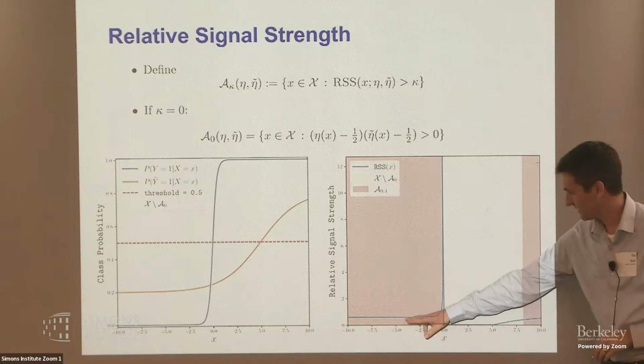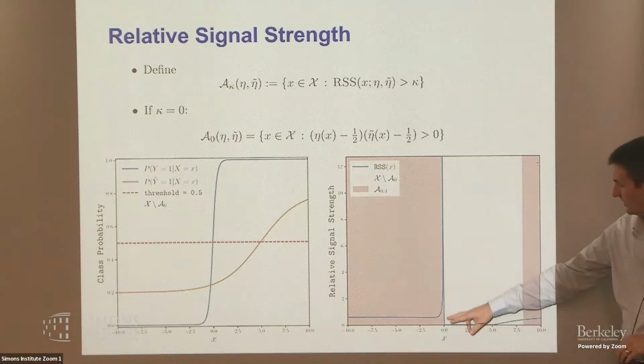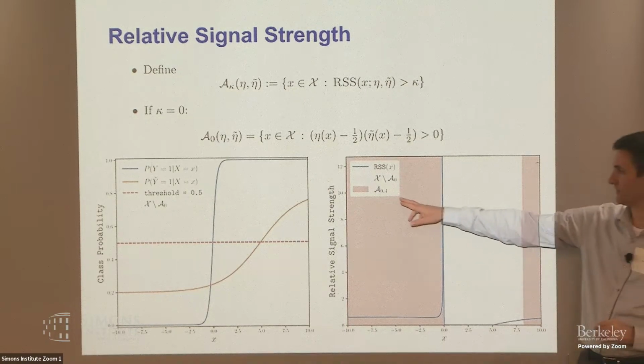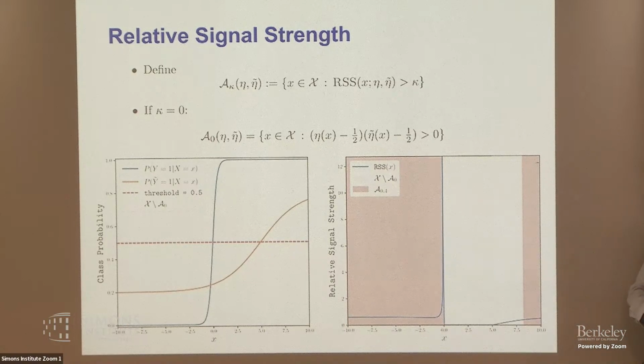On the right-hand side is the relative signal strength plotted as a function of x. And this red region is the set A kappa, where kappa is 0.4 in this example. That's the set where the relative signal strength is large and learning is relatively easier.